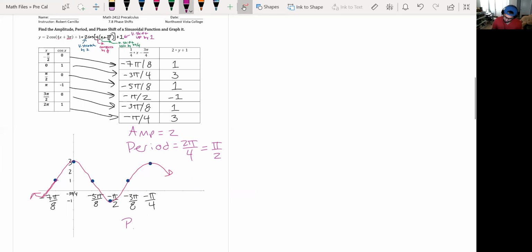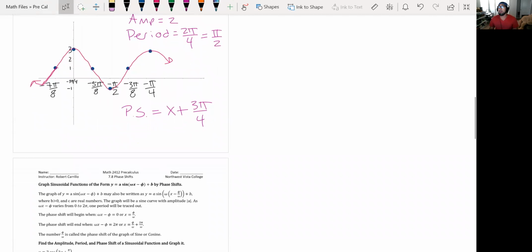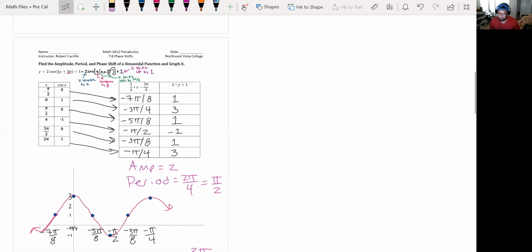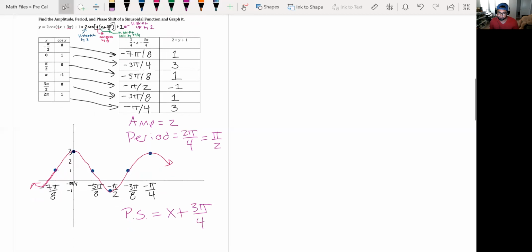And the phase shift is x plus 3 pi over 4. There you go. Okay, those are transformations. Well, for these ones, with all that crazy fraction work, it's a lot faster if you have a calculator, right?